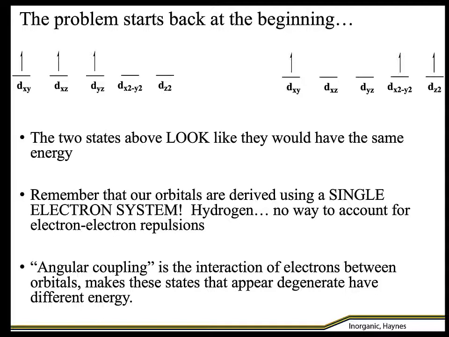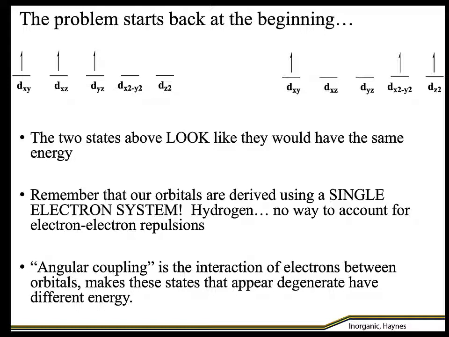However, we need to remember that our orbital pictures and their relative energies are actually derived from a single electron system, right? So all of our orbitals are solutions to the Schrodinger equation that come from a single electron system, such as hydrogen. And so there's no way to accurately account for any electron-electron repulsions. So when we're actually looking at these 5 different d orbitals that we've solved for, there's a new thing we have to consider, which is called angular coupling.